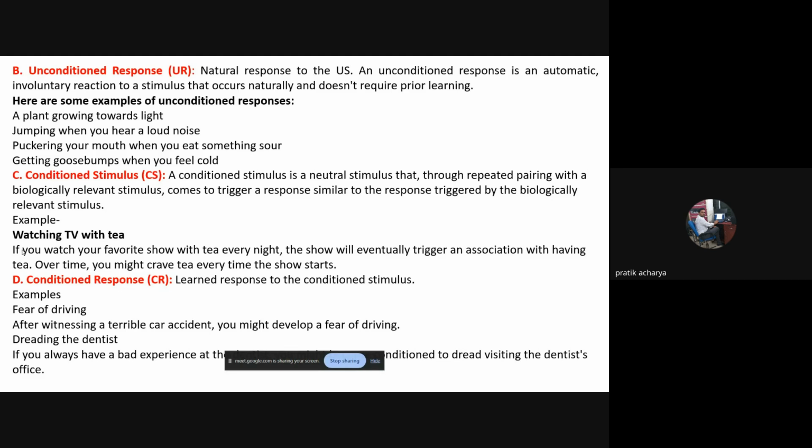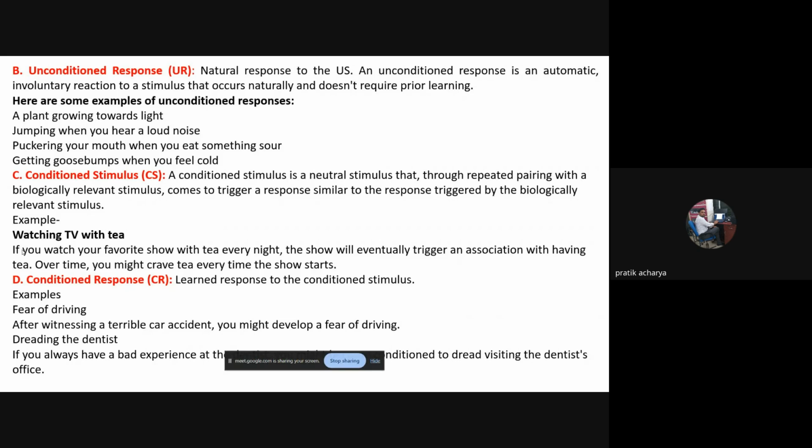Over time, you might crave tea every time the show starts. The craving pattern develops through repeated watching of the TV show. So this is the conditioned stimulus.